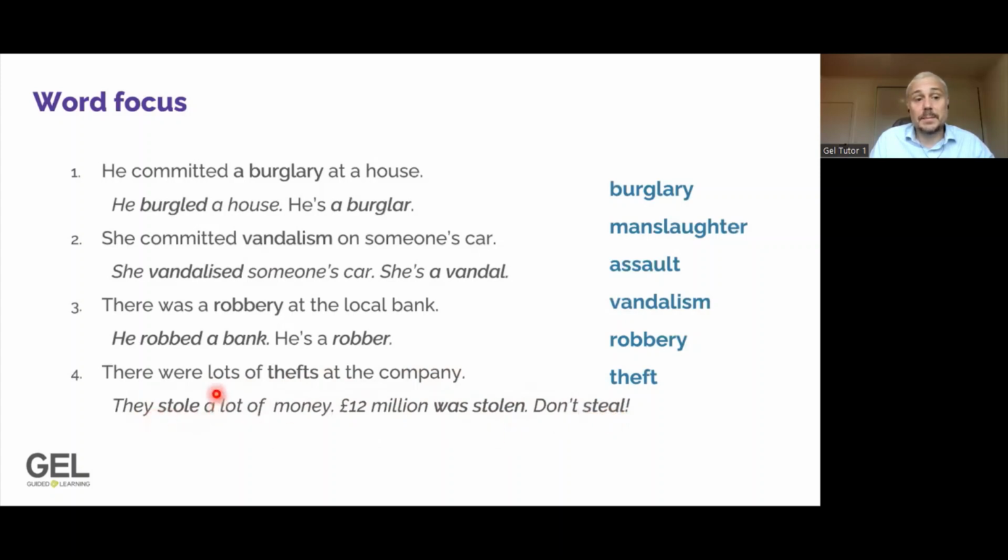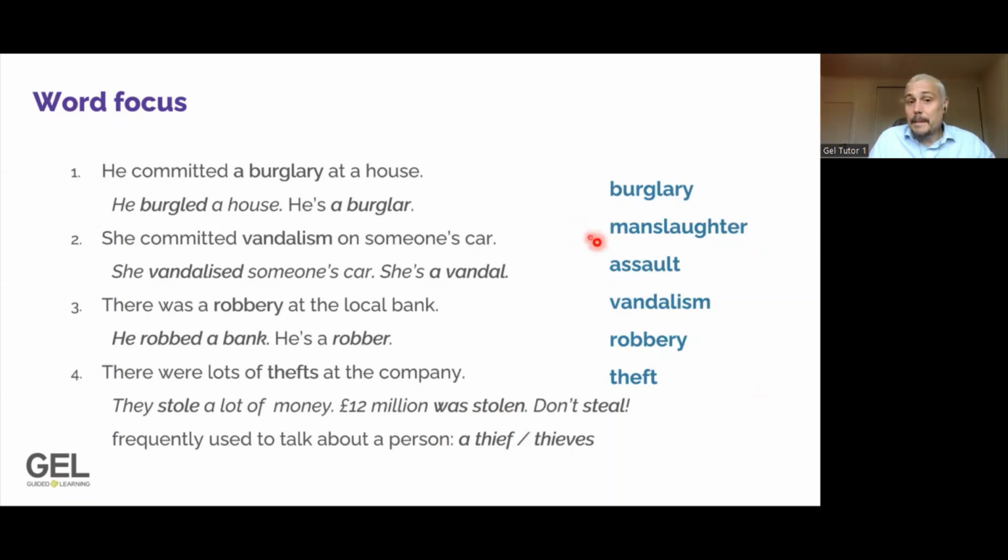The first one is the past simple verb. So we usually use the verb steal instead of the verb thieve. However, to describe the person who steals something, we can use the noun a thief, or thieves if it is more than one person.